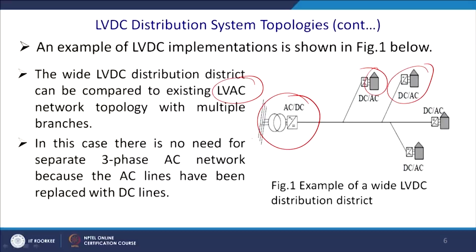In this case, there is no need for a separate 3-phase network because the AC lines have been replaced by the DC lines. One advantage is that the power handling capability of the DC is more, because of the skin effect. Generally once you have a skin effect you have harmonics, as I was saying, and if you have a sufficient amount of harmonics you require to derate your converter, your cables, and your transformer. So, this aspect does not arise when you have direct DC transmission.